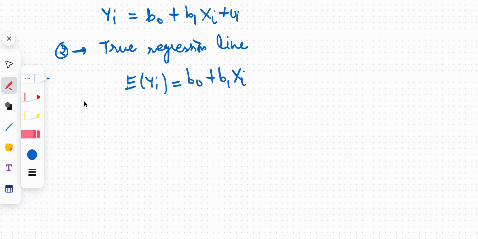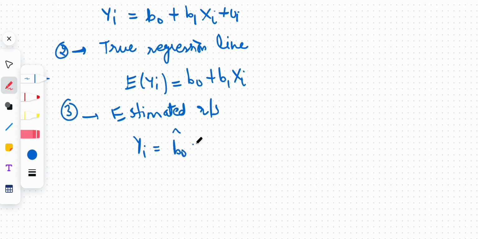Right, now third is my estimated relationship. This would go something like yi is equal to beta naught cap plus beta 1 cap xi plus ei.